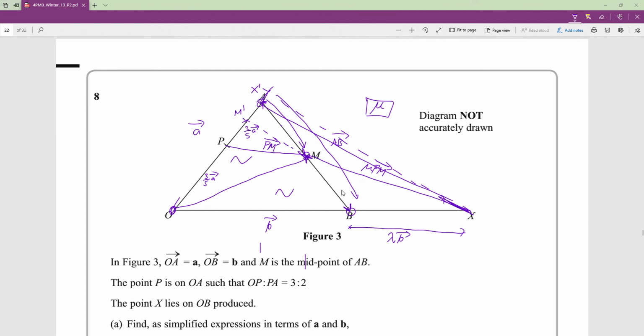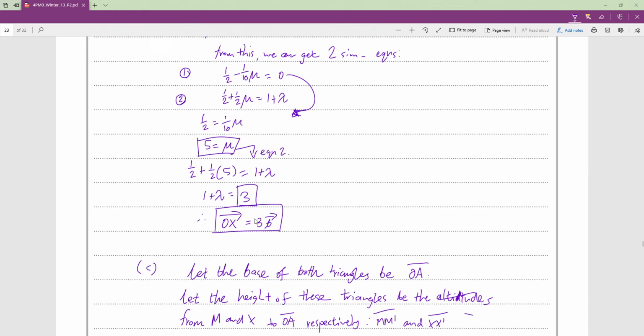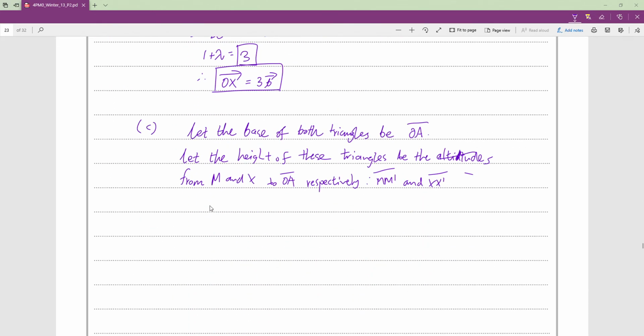That might actually be a better way to put it. So, PM prime M is a similar shape to PX prime X.